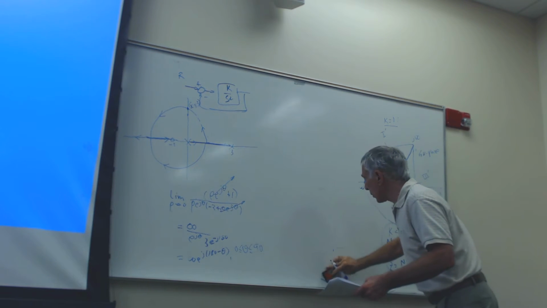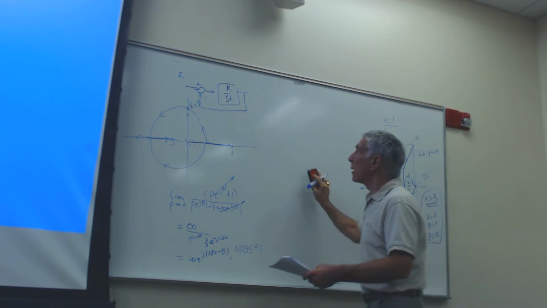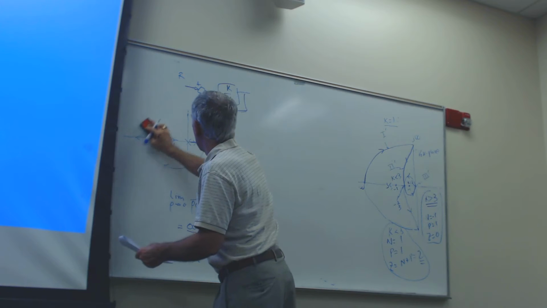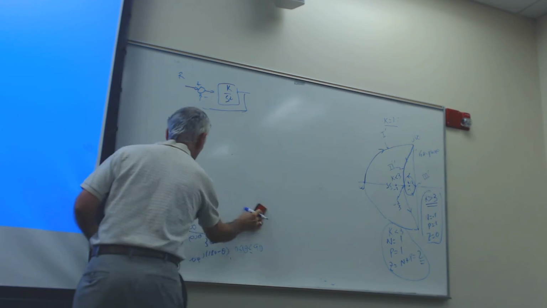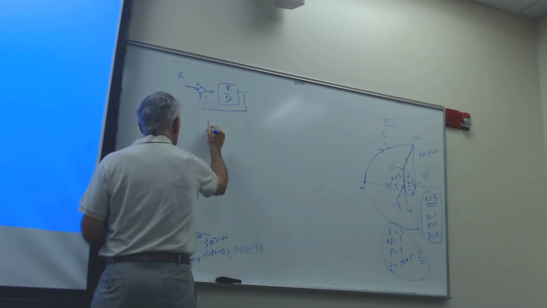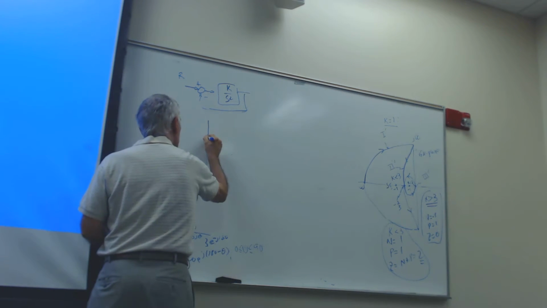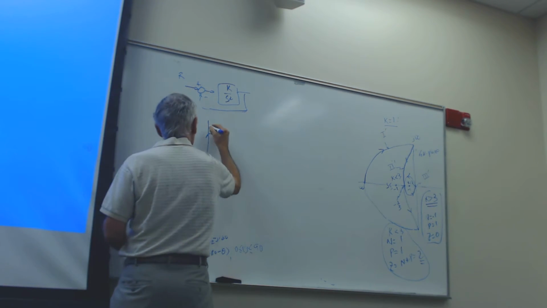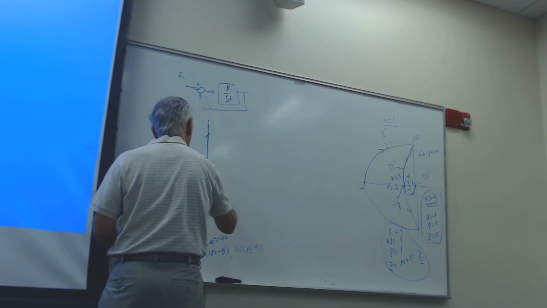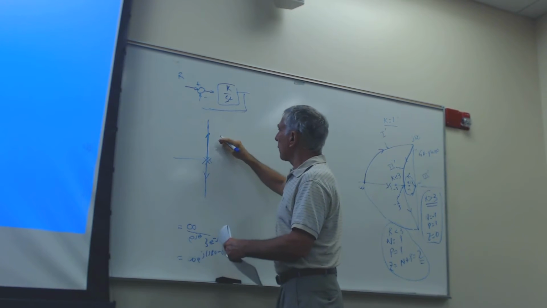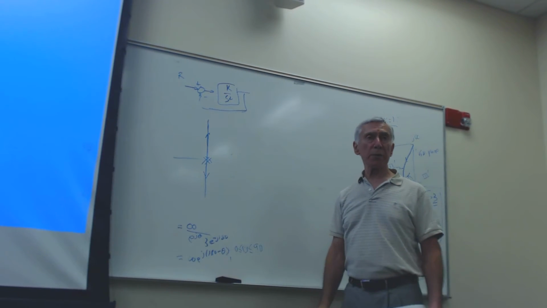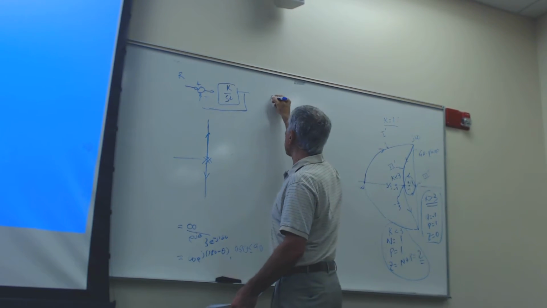What does a root locus look like for this? Up and down, right? So it looks like this. That and that, right? We have the 2 poles there. In other words, the system is marginally stable. And you can see that easily.